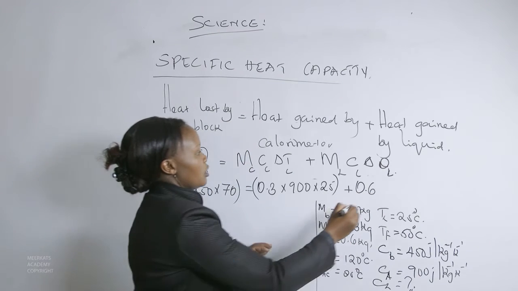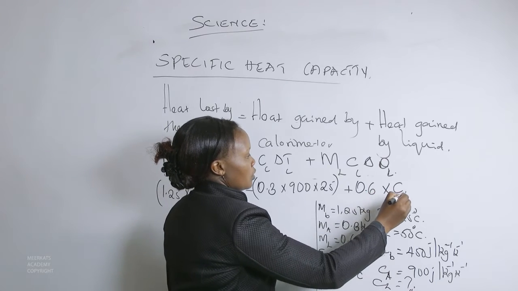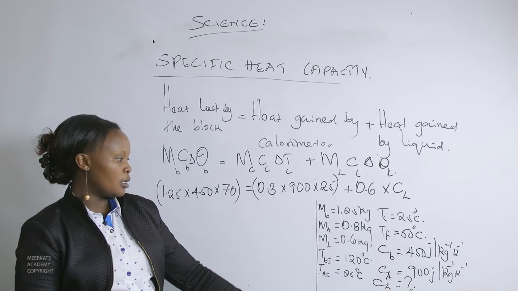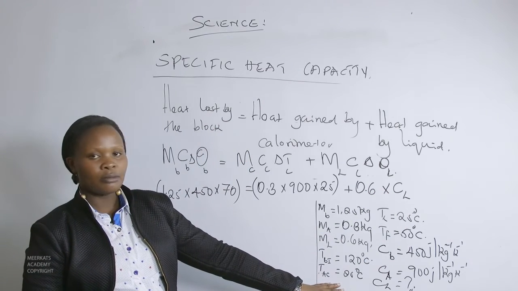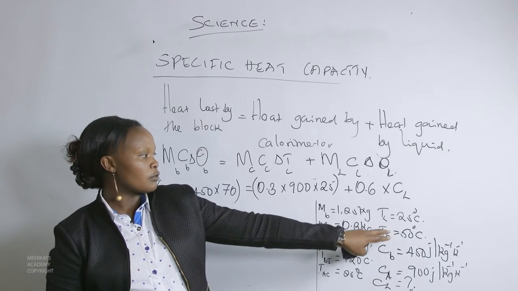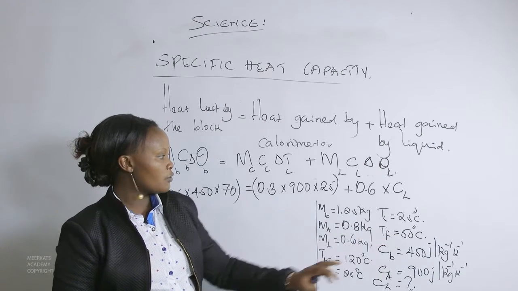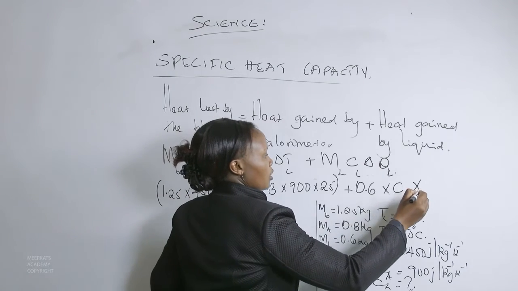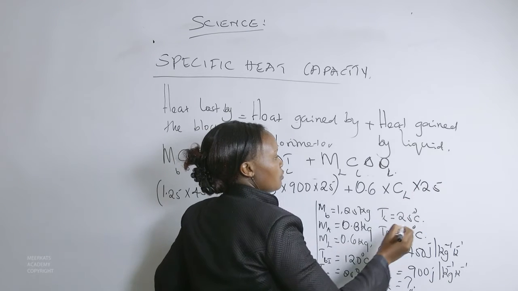Specific heat capacity is what we want, and the temperature change is from 25 to 50, so we multiply by 25.